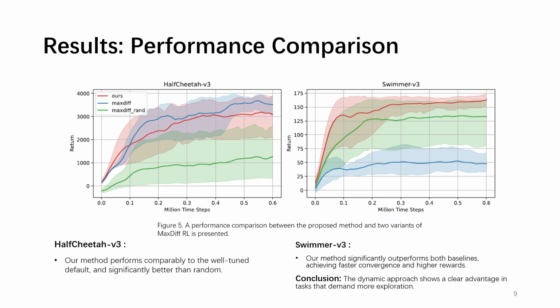On the left, for the HalfCheetah task, our method performs comparably to the well-trained default, and it's significantly better than using a random parameter. However, the results on the right for the Swimmer task are more striking. Here, our method significantly outperforms both baselines.